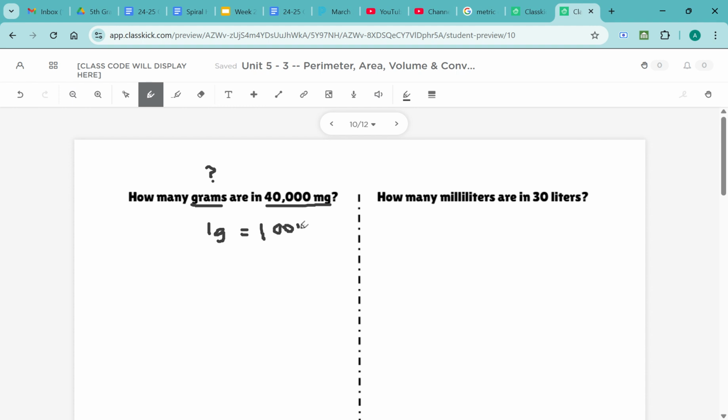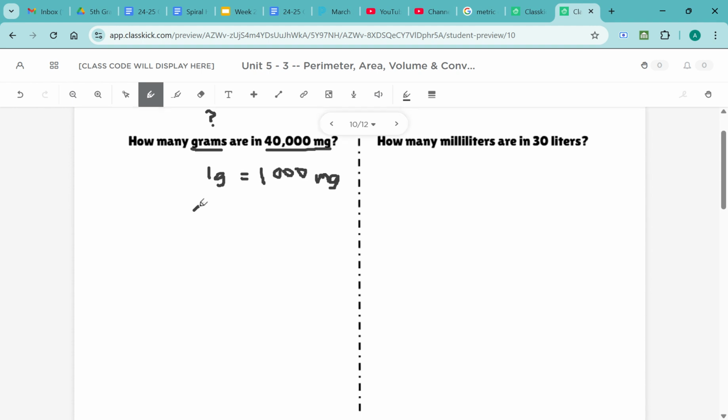I was looking at that 40,000 and that's what I wrote. So yeah, on the star chart, 1 gram is 1,000 milligrams. They're the same amount. Okay. Now, I want to figure out how many grams, based off of the question, equal 40,000 milligrams.